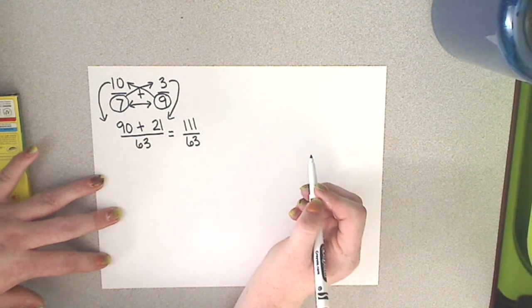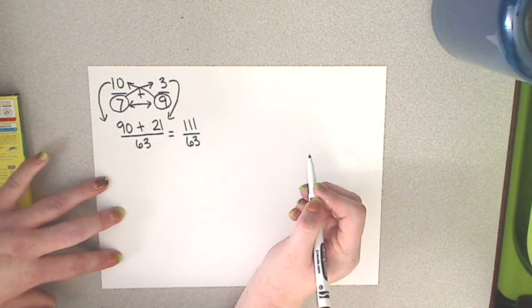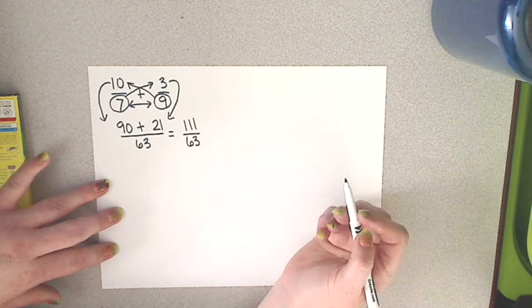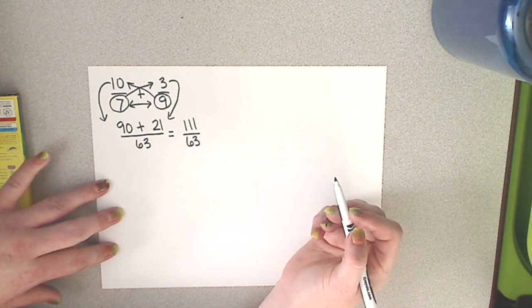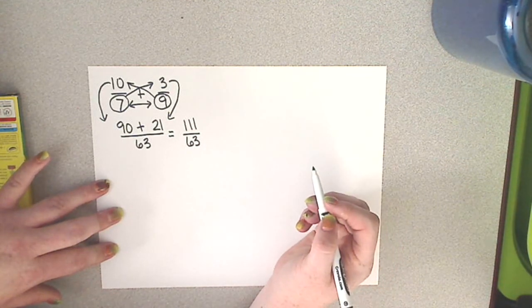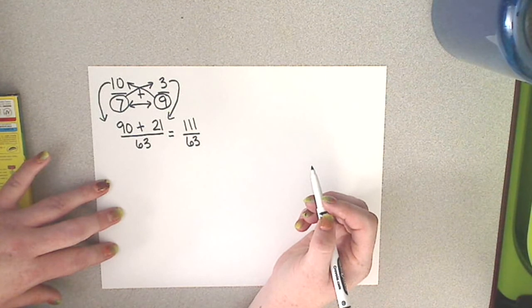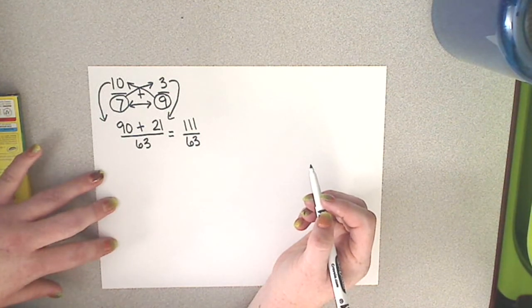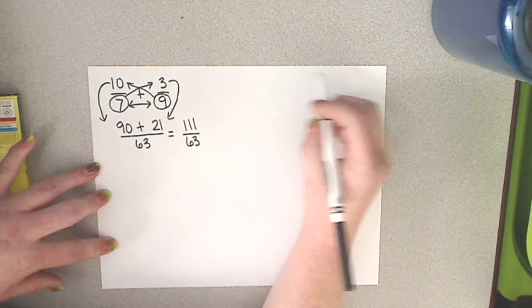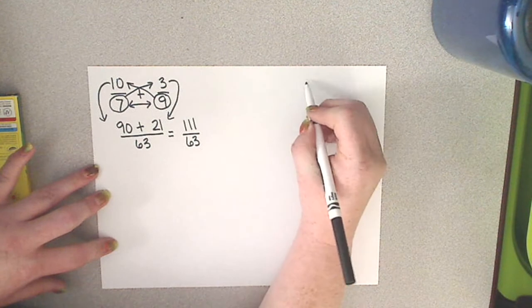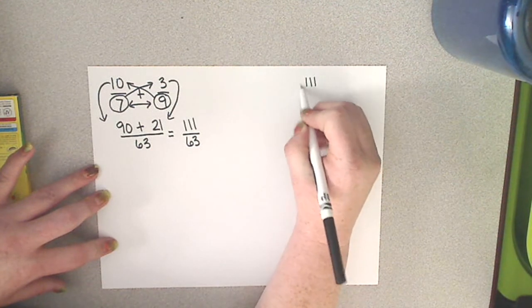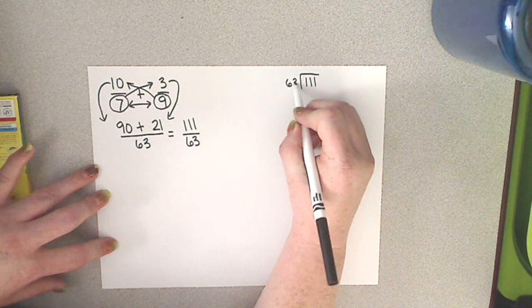And truthfully, I'm honestly not sure if 111 and 63 are divisible by the same number, so I'm going to go ahead and convert this into a mixed number and see where that takes me. So that means that I need to divide 111 by 63.